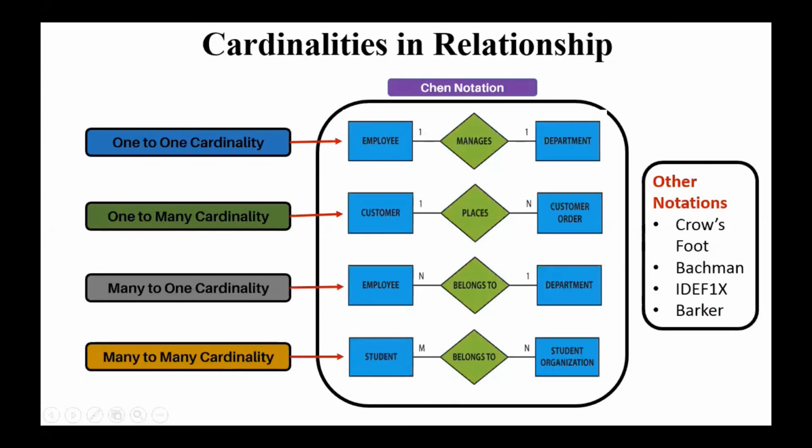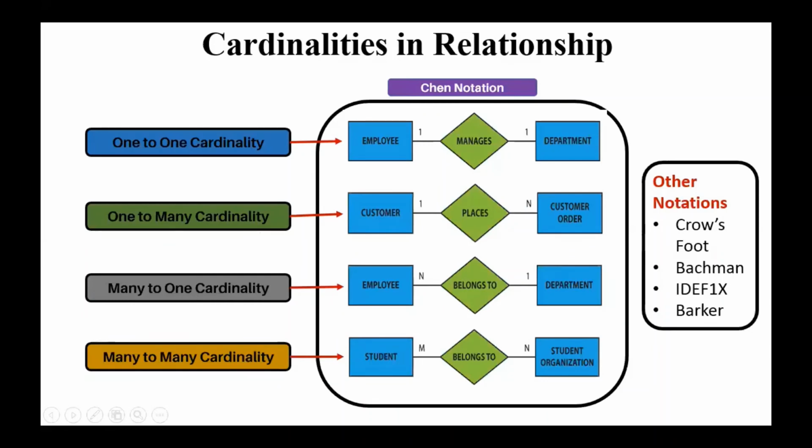Yes, ma'am. Now suppose I want to show one to many. You are going to DMart. As a customer, you can place many orders. In that case, N represents many. But in an order, there will be only one customer. So that becomes your 1:N relationship.